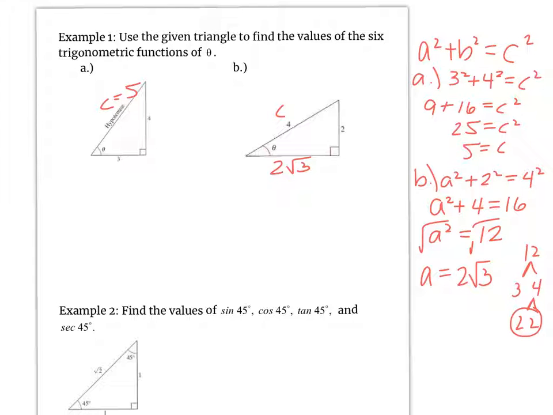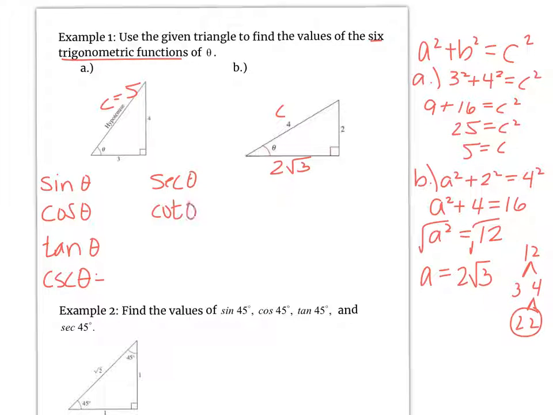Now we want to find the 6 trig functions. So we're talking about sine of theta, cosine of theta, tangent of theta, cosecant, secant, and cotangent.